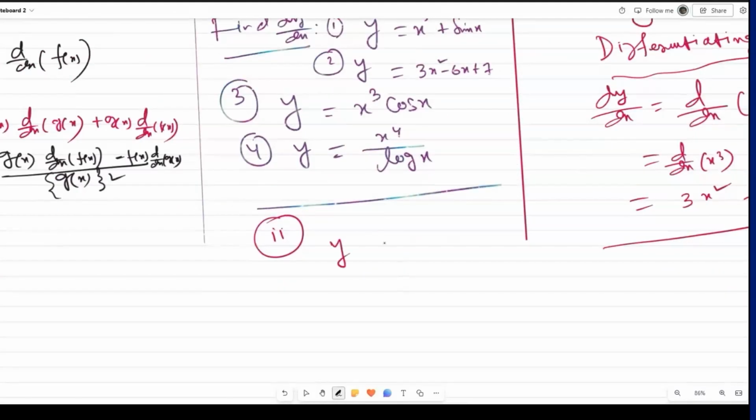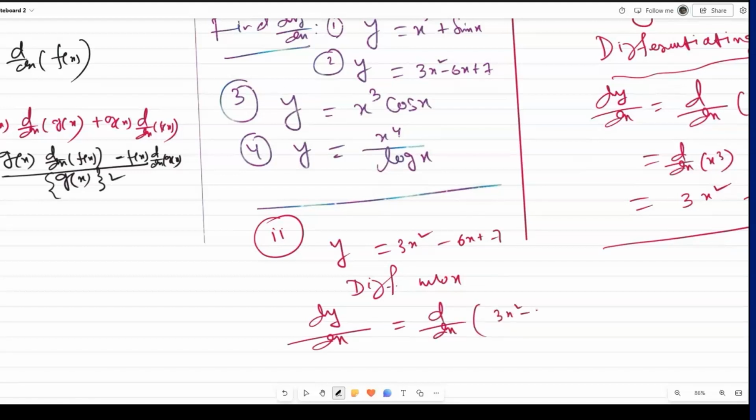Y equals... so you write dy by dx will be d/dx of, splitting, sum of first plus second plus third. d/dx of first, d/dx of second, d/dx of 7.